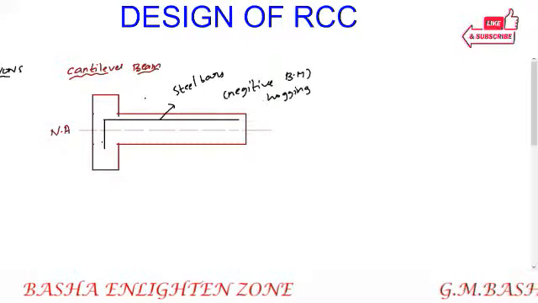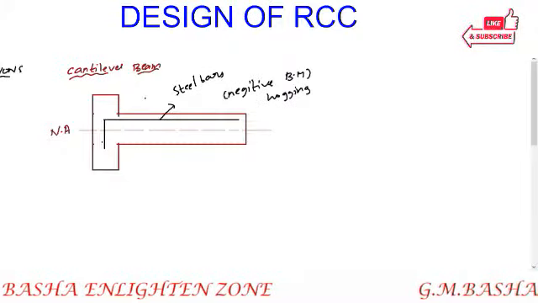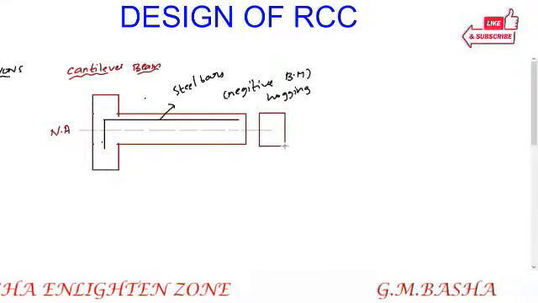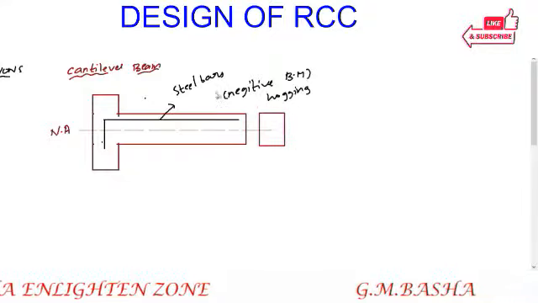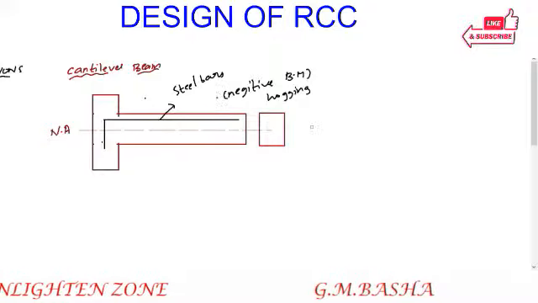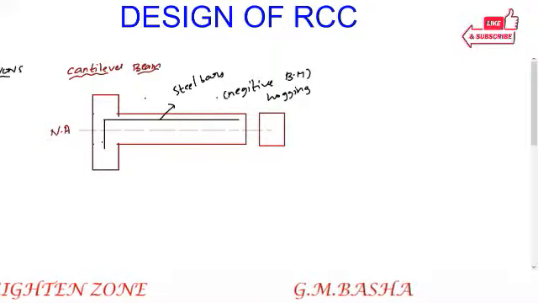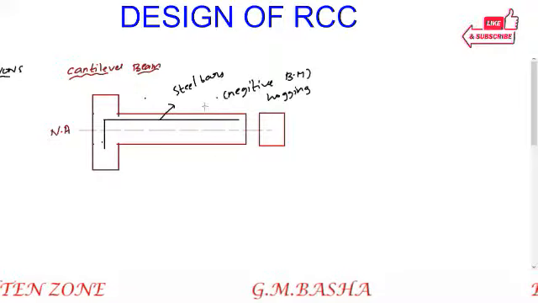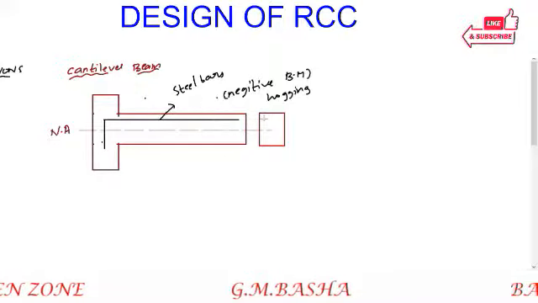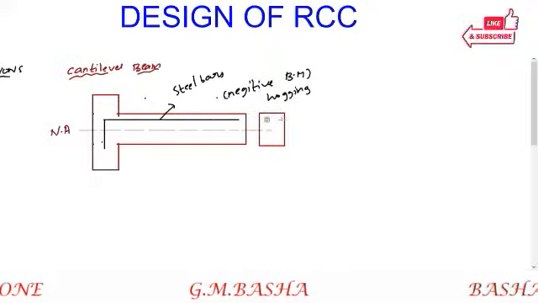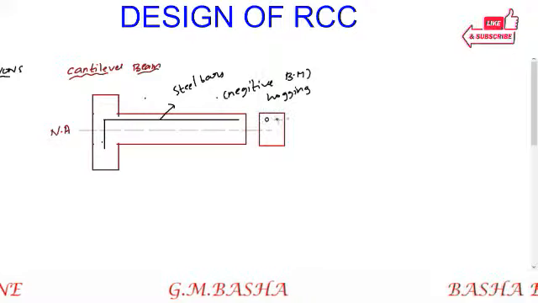And what about the cross section of the beam? If you see, the cross section of the beam will be like this. This is the neutral axis, which continues here like this. The diameter of the bars will be like this.